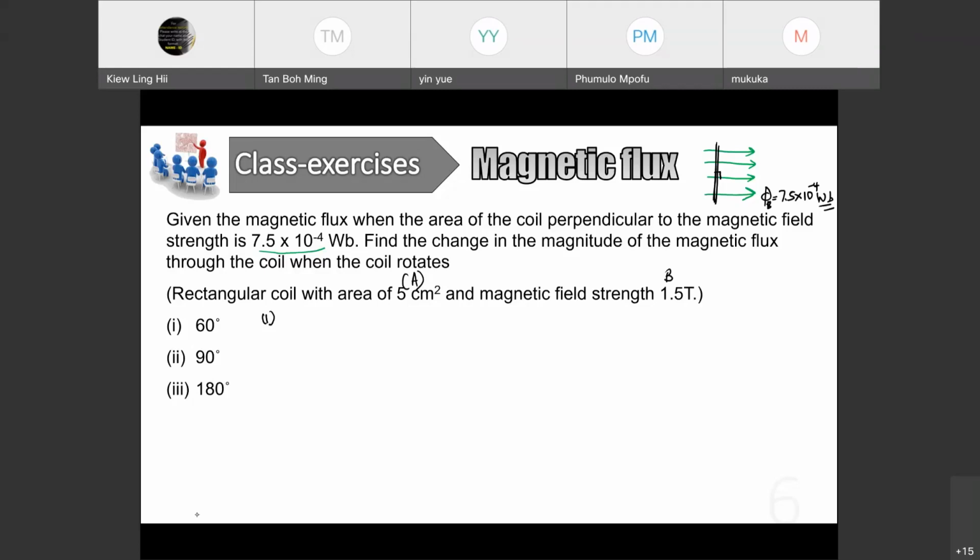Now, let's draw the diagram. Green color is the magnetic field. And now this is your original position. Rotate 60 degrees. So from here to here, this is 60 degrees.